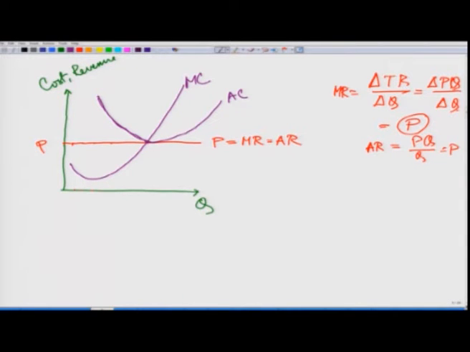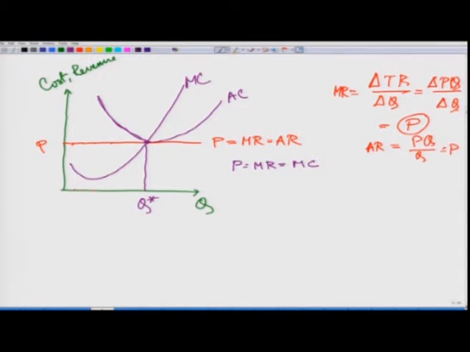Yes, so here is the minimum point, and here you will find an intersection of the price, the marginal cost, and the average cost. And this is my optimal output in a perfectly competitive market, where my P equals MR equals marginal cost.